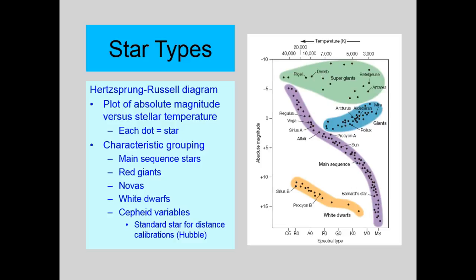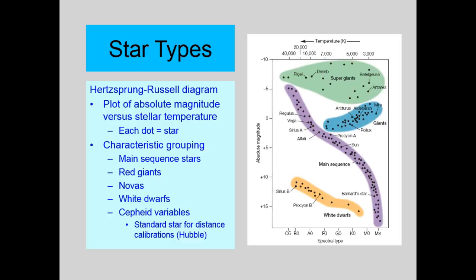Oh, there it is. I'm sorry, I knew it was somewhere here. I just didn't go through this enough. I looked at the diagram but didn't do this. The Hertzsprung-Russell diagram is a plot of absolute magnitude vertically versus stellar temperature, which is your spectral type horizontally. Each dot represents a star. Now these don't mean they're close to each other in space or anything. They're on this diagram. The characteristics of main sequence stars is the purple eel in the middle, okay?